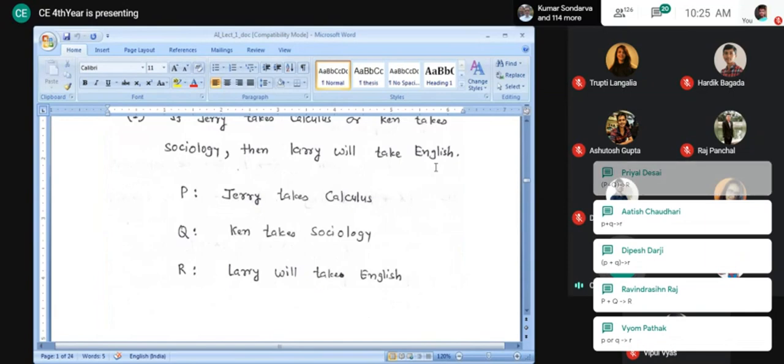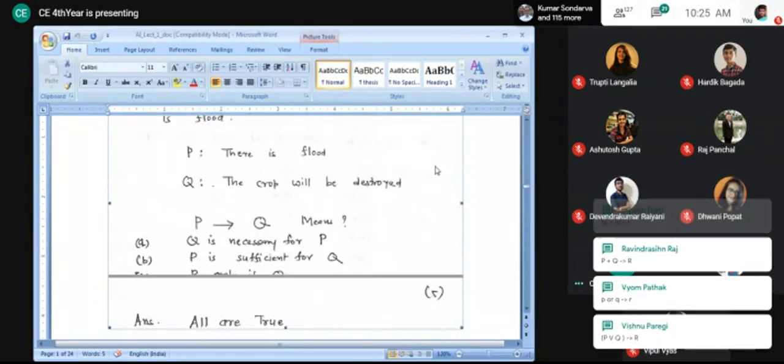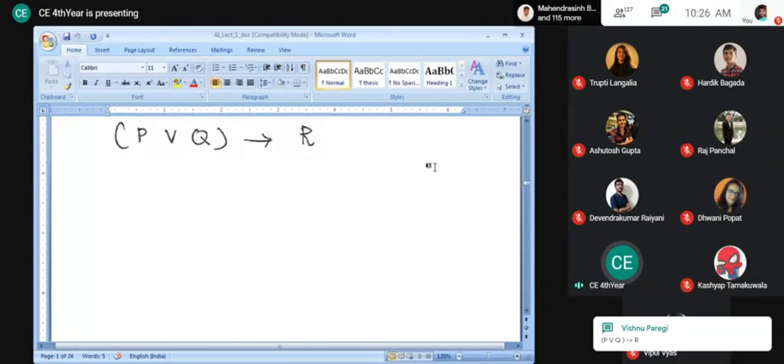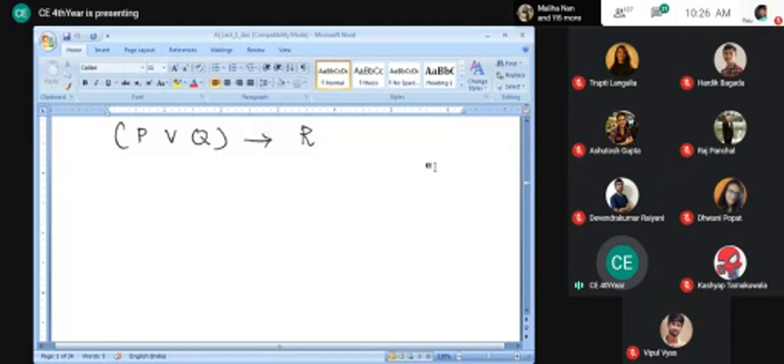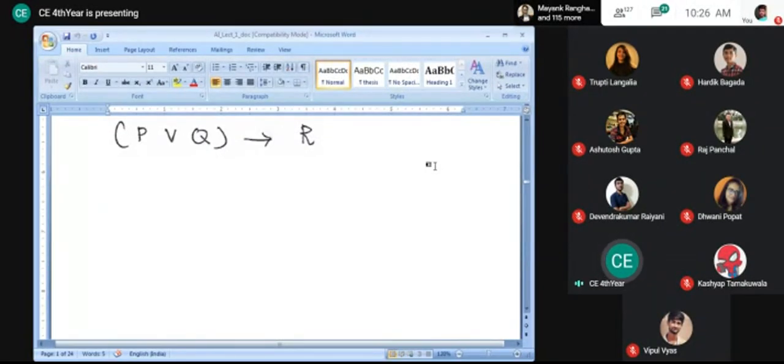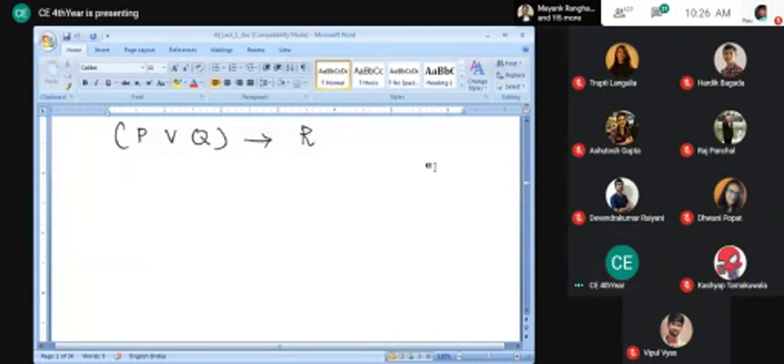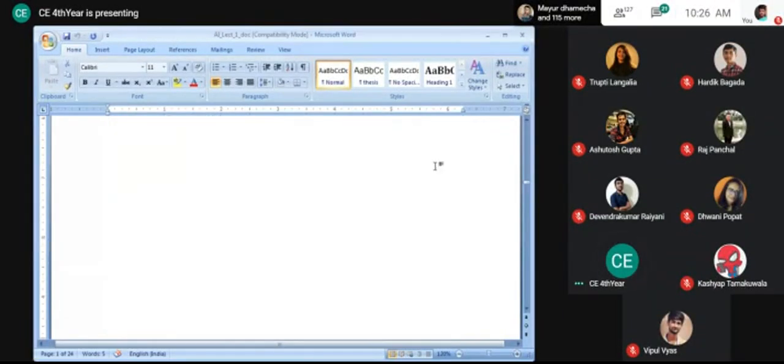You got that. Very good. P or Q implies R. These are the more popular symbols used for or. Plus is also there, but this is more popularly used. Fine. P or Q implies R.